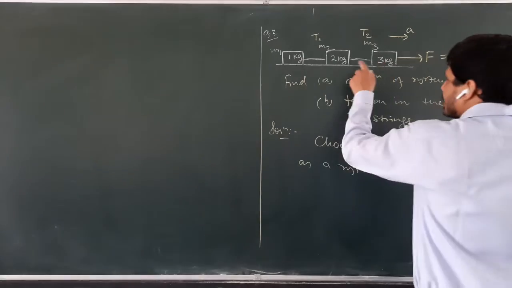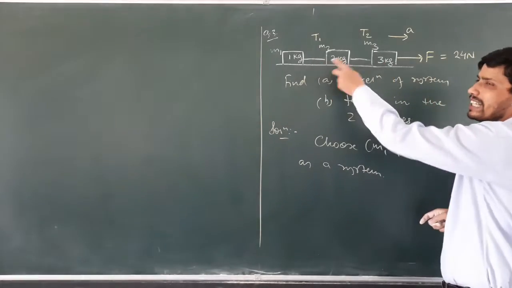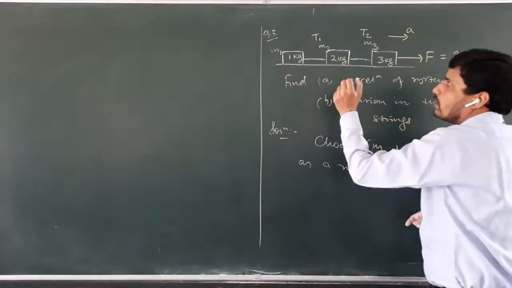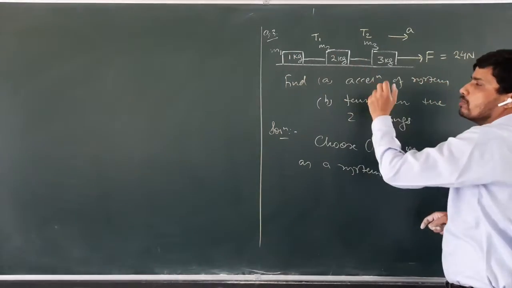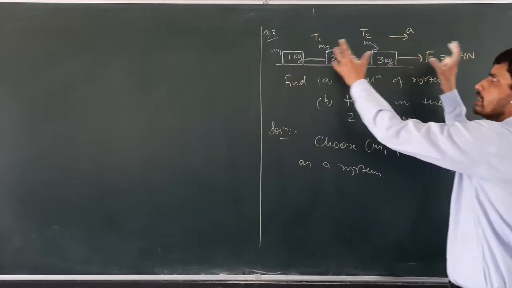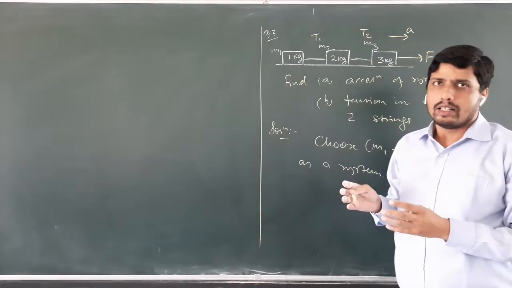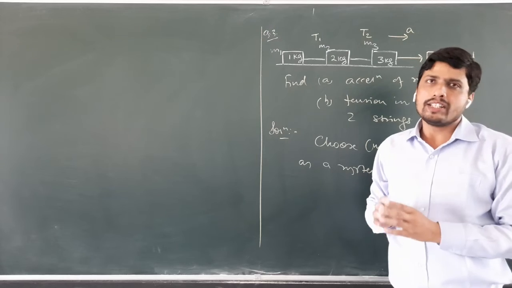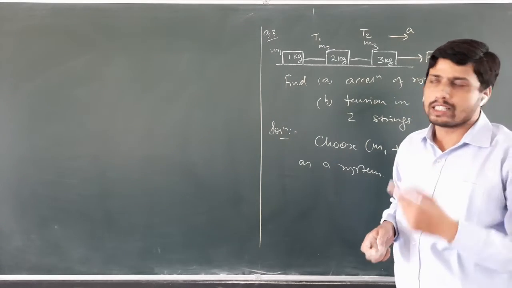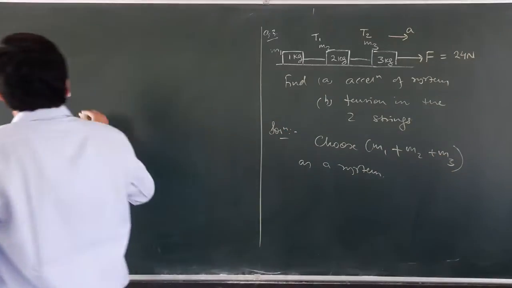Now see, since they are tied with the help of a string and the string is light, mass is not present. So the acceleration of 1 kg block and 2 kg block and 3 kg block will be same, A and A. They will move together. Since they are having same acceleration, hence we can take them to be a single system.